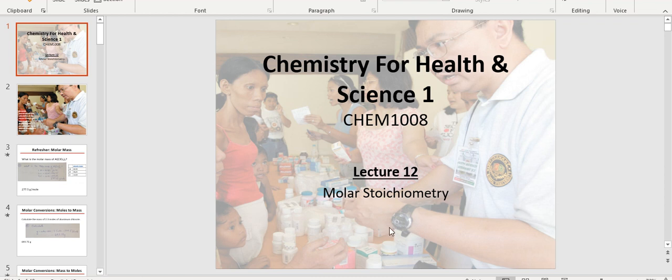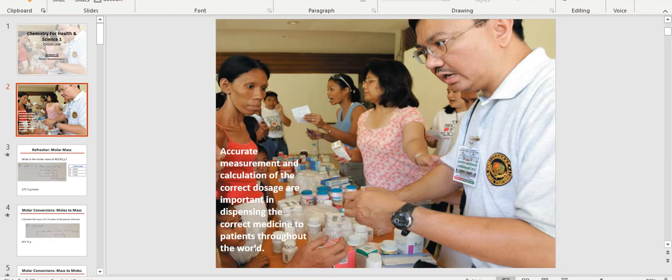The past couple weeks, we've been dealing with the mole itself and using those two triangle formulas. The whole point of learning those is for this thing called molar stoichiometry, which we're going to get into today. Accurate measurements and calculations of the correct dosages are important in dispensing the correct medicine.